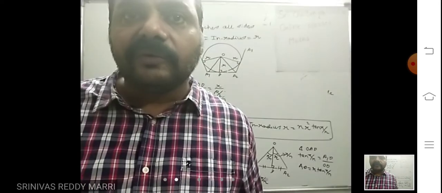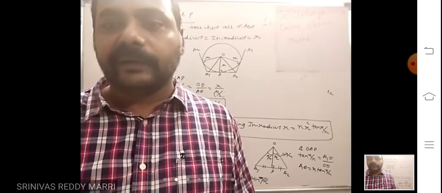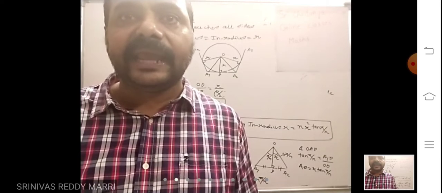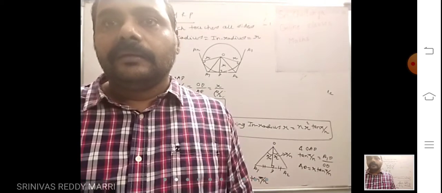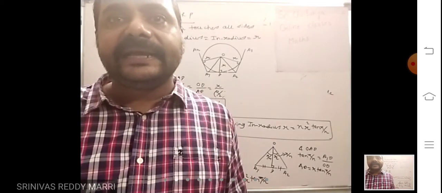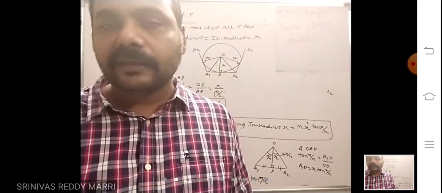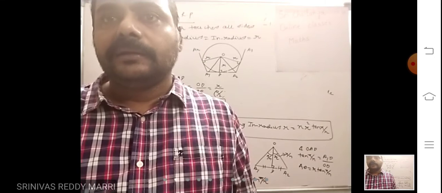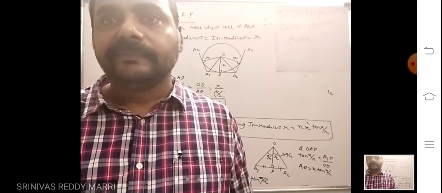Whenever the circle is outside, one formula you have to remember: if the side a is given, the radius of the outer circle is a by 2 cosecant pi by n. If the outer circle radius is given, the area of the polygon is 1 by 2 n R square sine 2 pi by n.